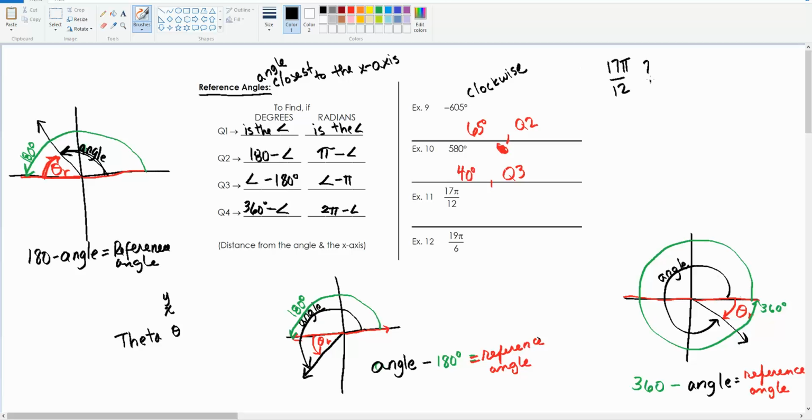So the question is, what is the reference angle, or where is this? So take the 17 over 12 and turn that into a mixed number. Well, 12 goes into 17 one time, and we've got 5 left over, right? So this means 1 pi and 5 out of 12 pieces.